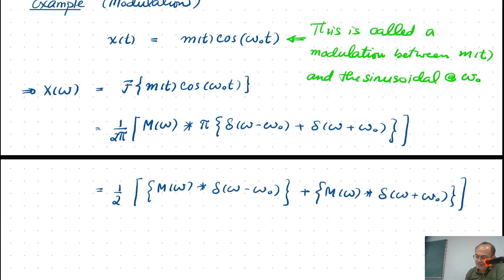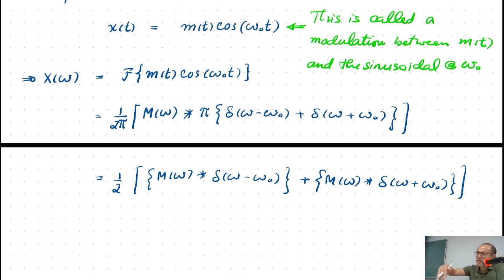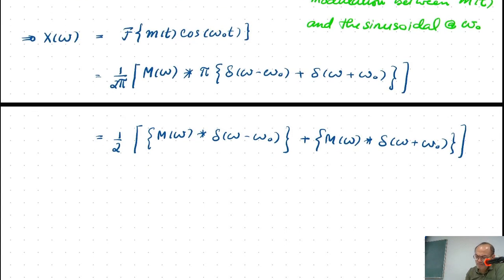This equation comes from the distributive property of convolution. It's just like when you multiply something by a summation, you can take the product inside of the parentheses.